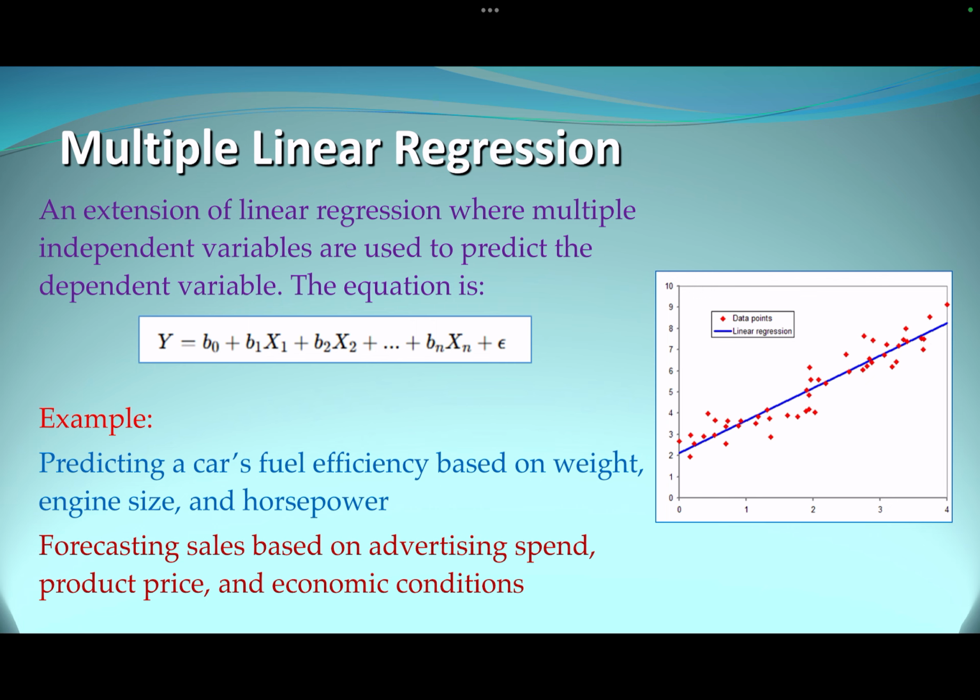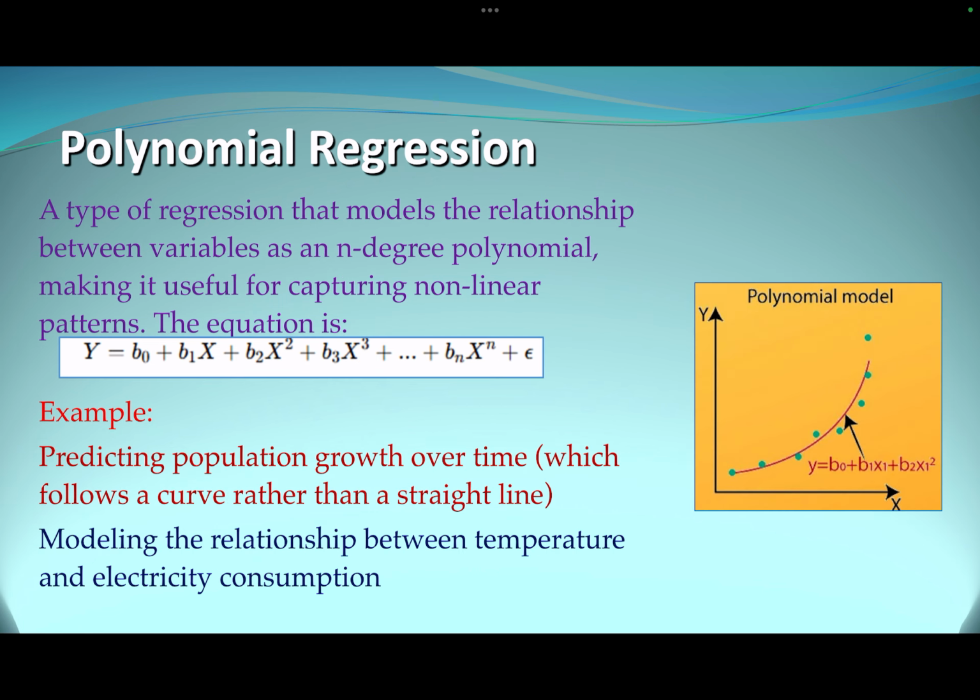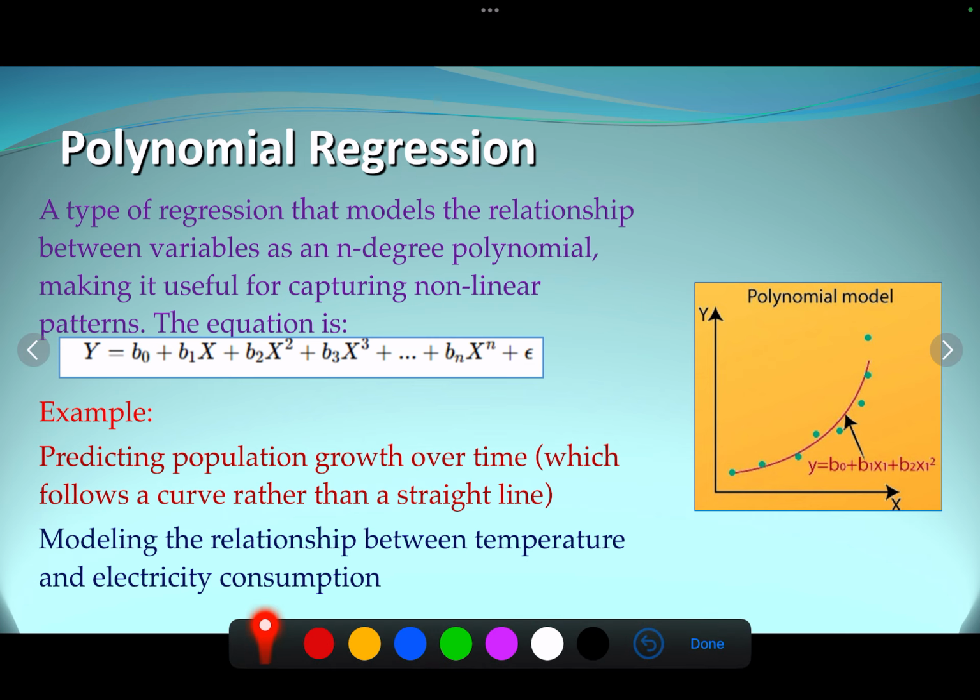There is another regression technique called polynomial regression, and this polynomial regression models the relationship between the variables as an n-degree polynomial, and it is very useful for capturing non-linear patterns.